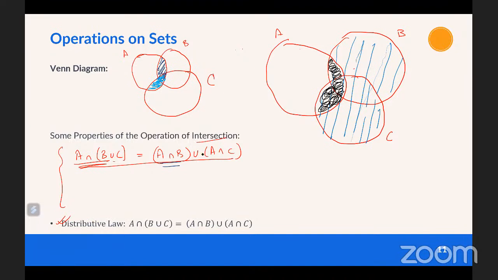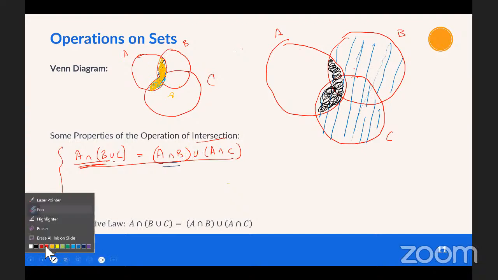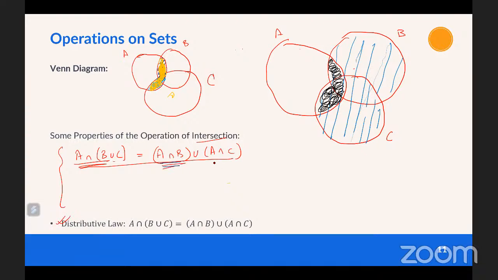Now it is saying you have to do the union of A intersection B and the A intersection C. So this region will be the union of both the sets, right? The elements which are there in both the sets, A intersection B and A intersection C, this and this.